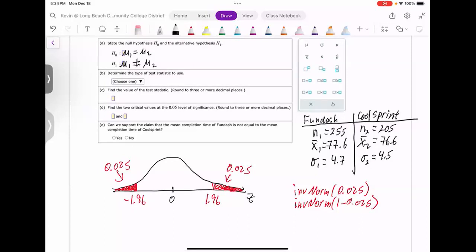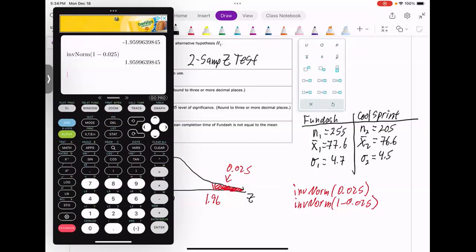This is going to be a z test statistic, and once again, we are going to run a 2-sample z test. So here we go: stat, tests. We can see number 3 down says 2-sample z test.